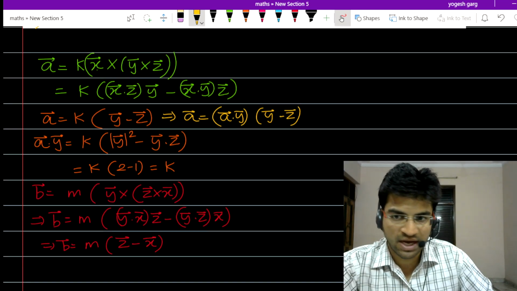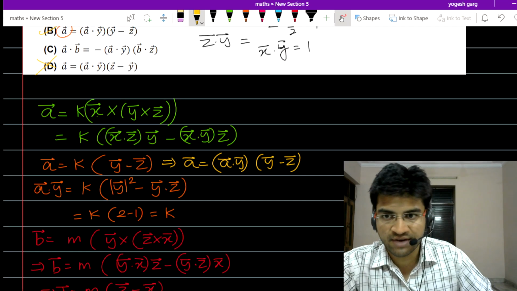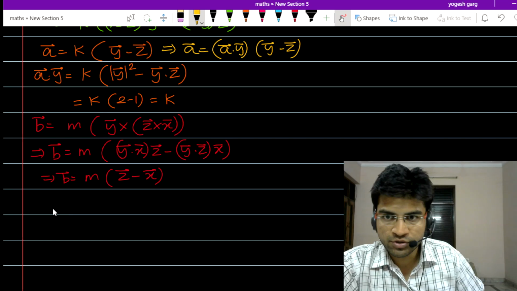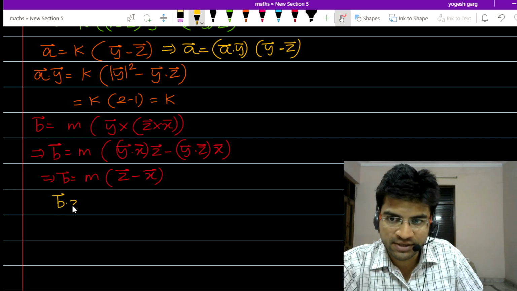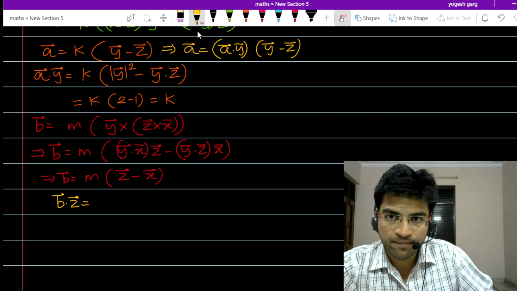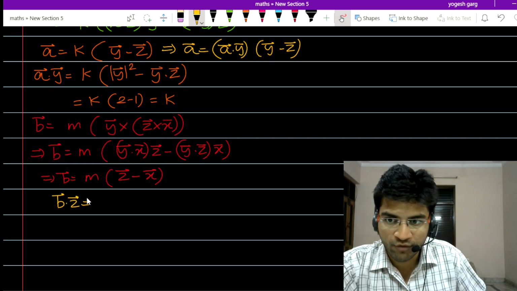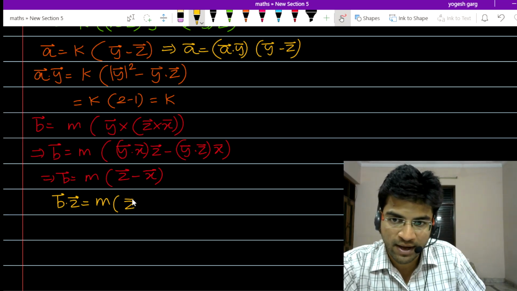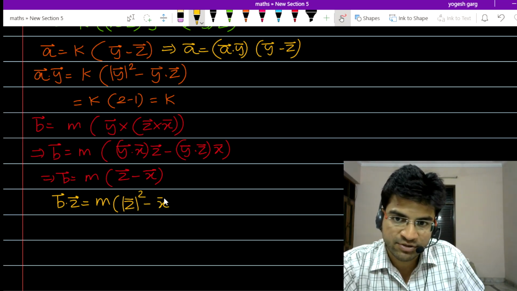Just do the same thing that we did earlier. Take dot with z. So b vector dot z vector is equal to m, and dot with z inside this gives mod z square minus x dot z.